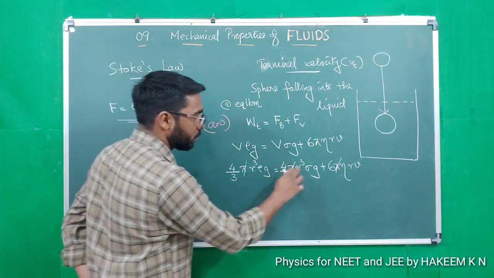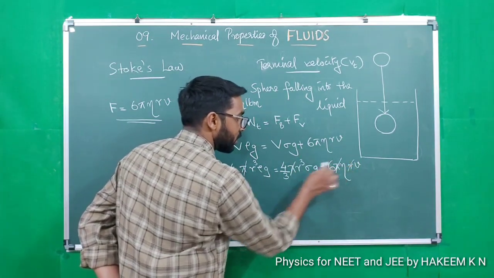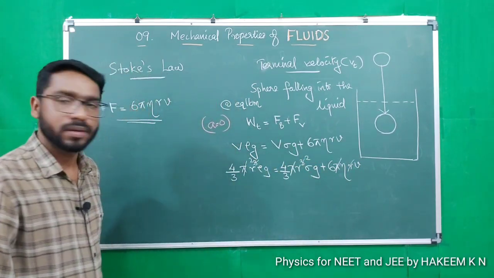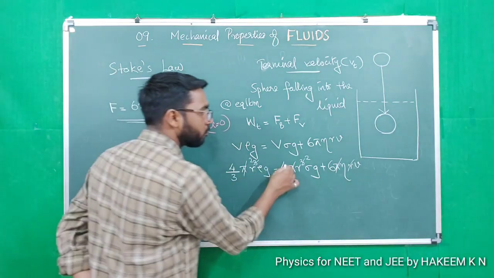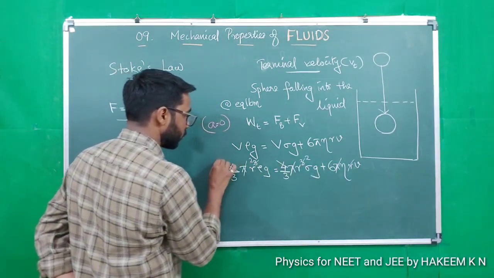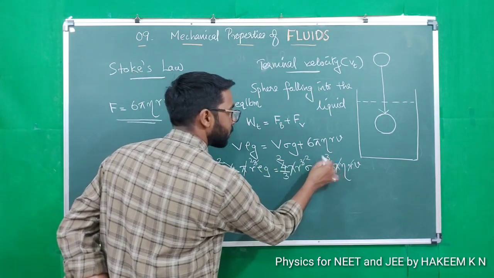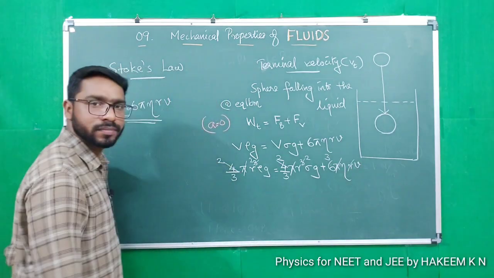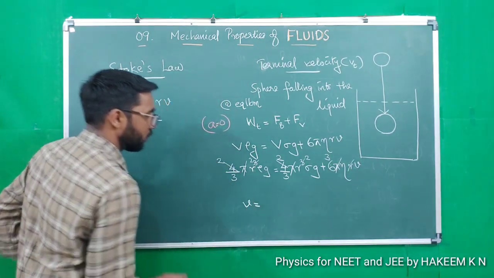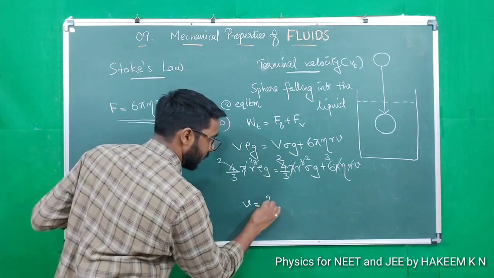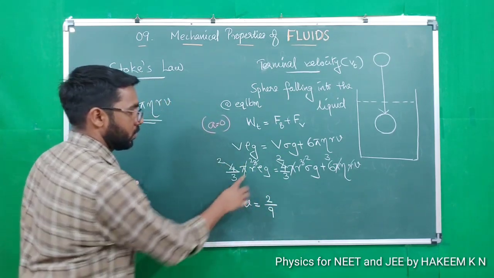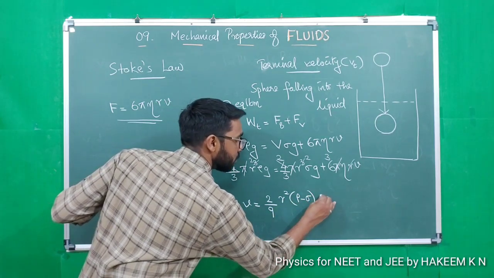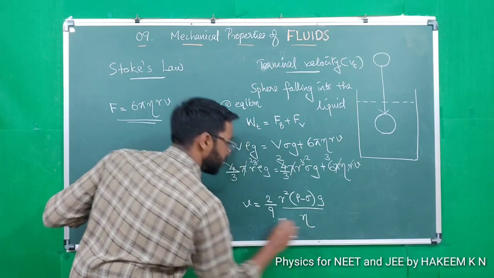Here r cube, here r, so you can make this r square. 4, 4, 6, so making 2, 2, here it is 3. So what will be the velocity? Velocity equal to 2 by 9 r square, in bracket rho minus sigma, g by eta.